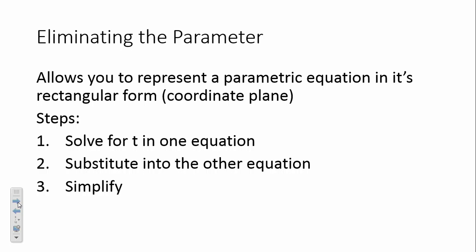So we'll eliminate the parameter, t or theta, whichever one it happens to be, by first solving for it in one equation and then substituting in the other to eliminate that t or that theta or whatever parameter it happens to be. Okay? So let's look at this next example. Should look familiar. That same problem we had before.